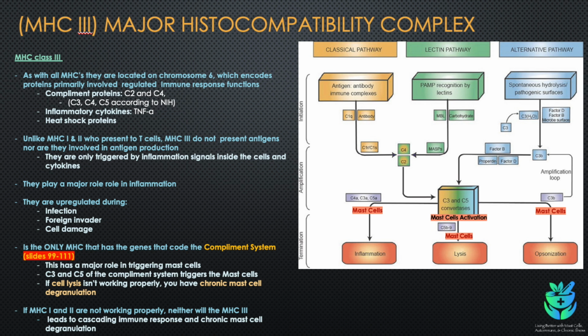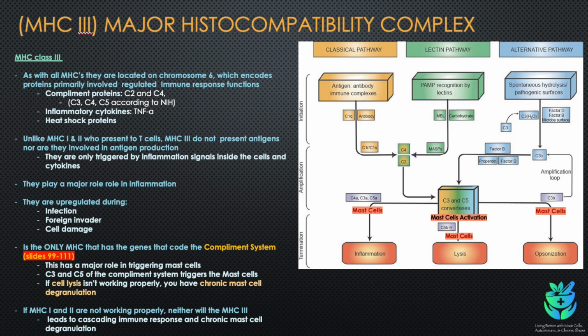other immune-related molecules. The complement components then contribute to the activation of a complement cascade, playing a role in inflammation and pathogen clearance. They also work with the inflammatory cytokines, tumor necrosis factor, and are involved with heat shock proteins.